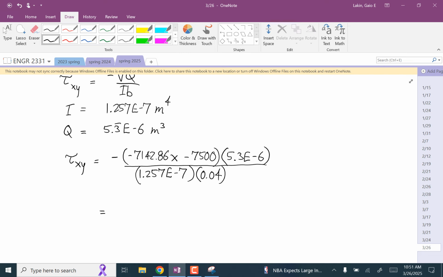Wouldn't it be easier to figure out which X value would give us the greatest shear stress before doing this? Well, in this one, it just asks to give it as a function of x. Oh, that's right.